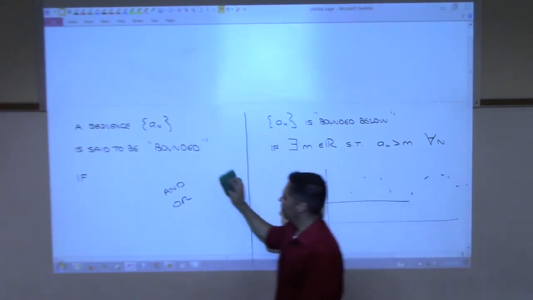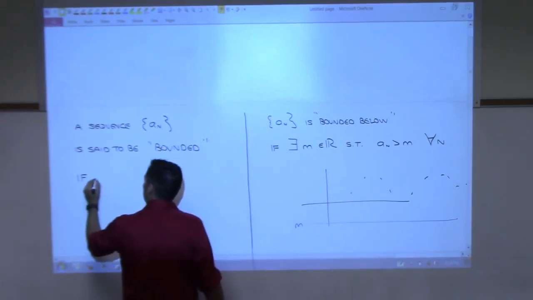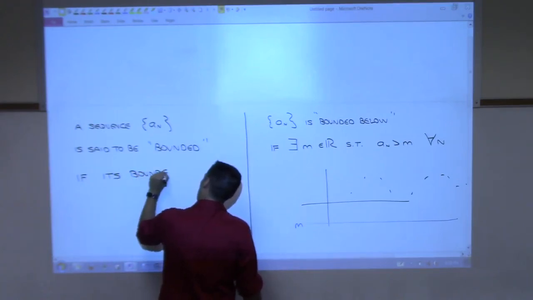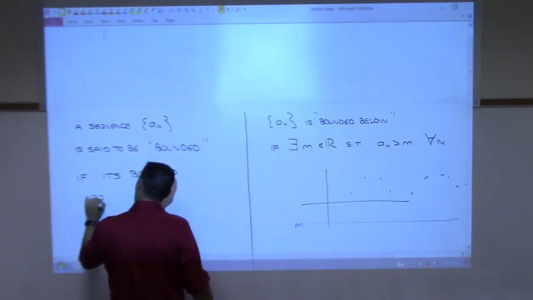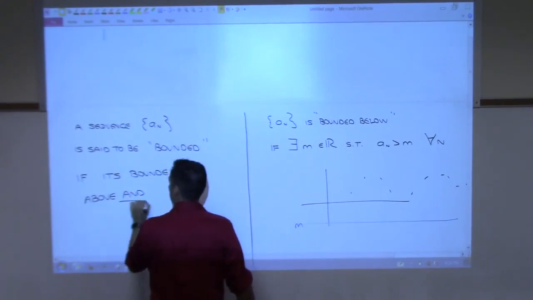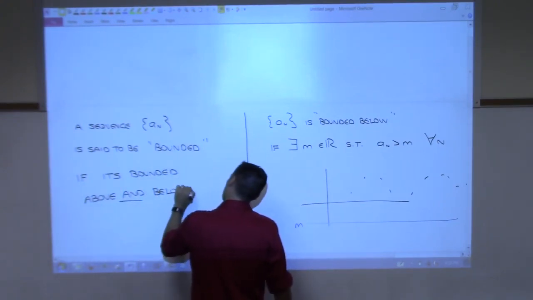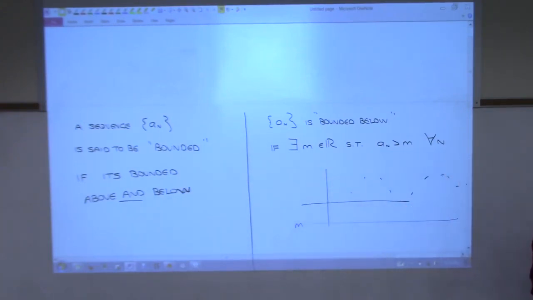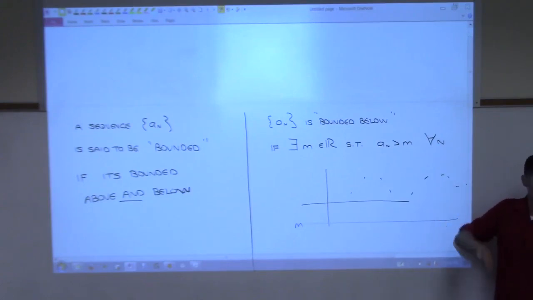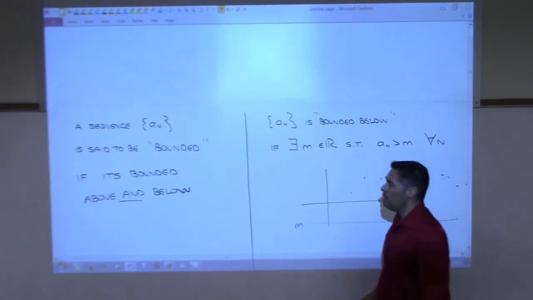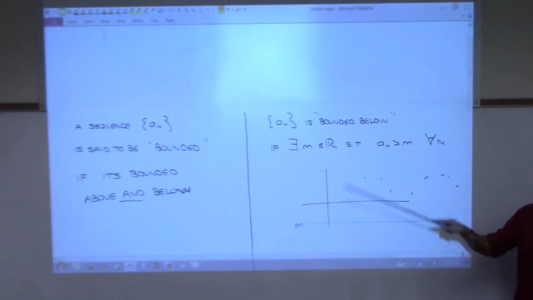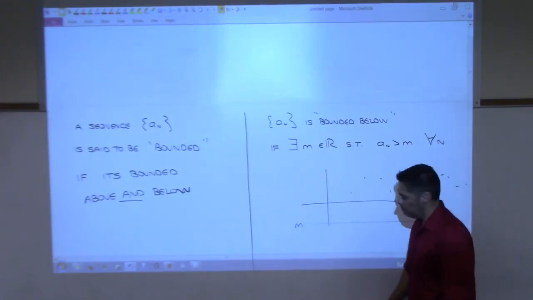So a sequence is said to be bounded if it's bounded above and below. Now, it's kind of weird because when I said monotonic earlier, that was either increasing or decreasing. Monotonic meant increasing sequence or decreasing sequence. Here, when we say bounded, that doesn't mean bounded above or bounded below. It means bounded above and bounded below, both.